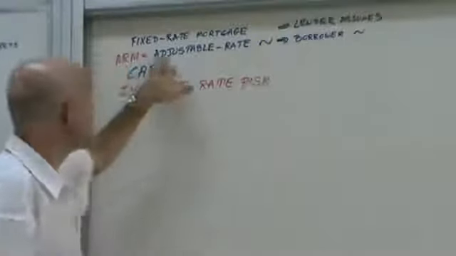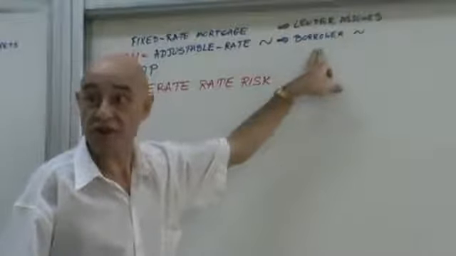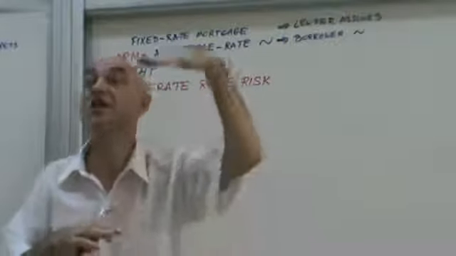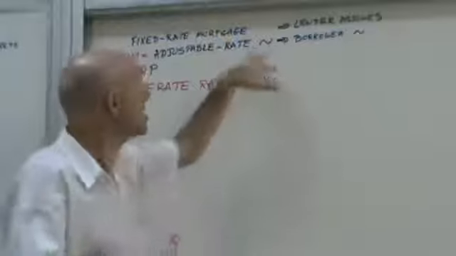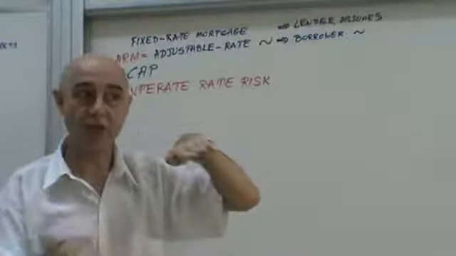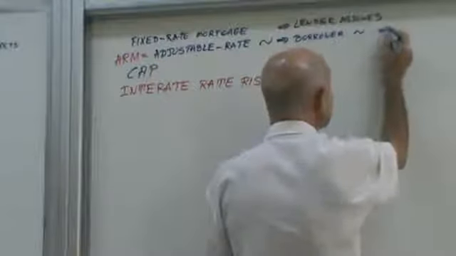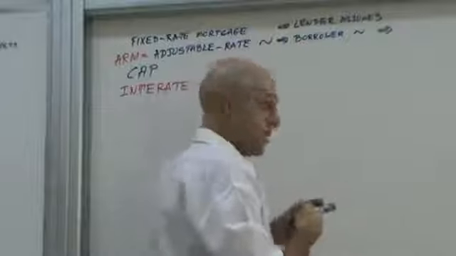Okay, but in an adjustable rate mortgage, the borrower assumes the interest rate risk, and the payments can increase and increase and increase. So, interest rate risk goes down for the borrower, but it can result in a credit risk.